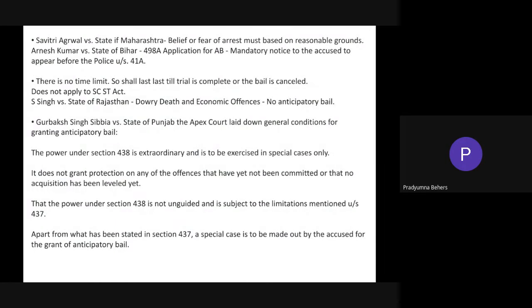In Arnesh Kumar versus State of Bihar, the direction was given that a mandatory notice is to be served to the accused to appear before the police under Section 41A in the anticipatory bail applications under Section 498A. Another important thing that comes into picture is whether the anticipatory bail has any time limit.